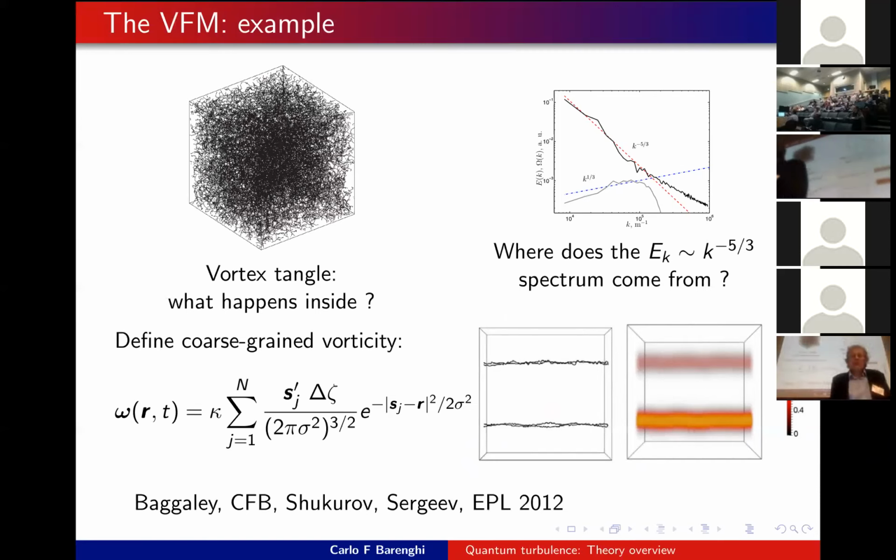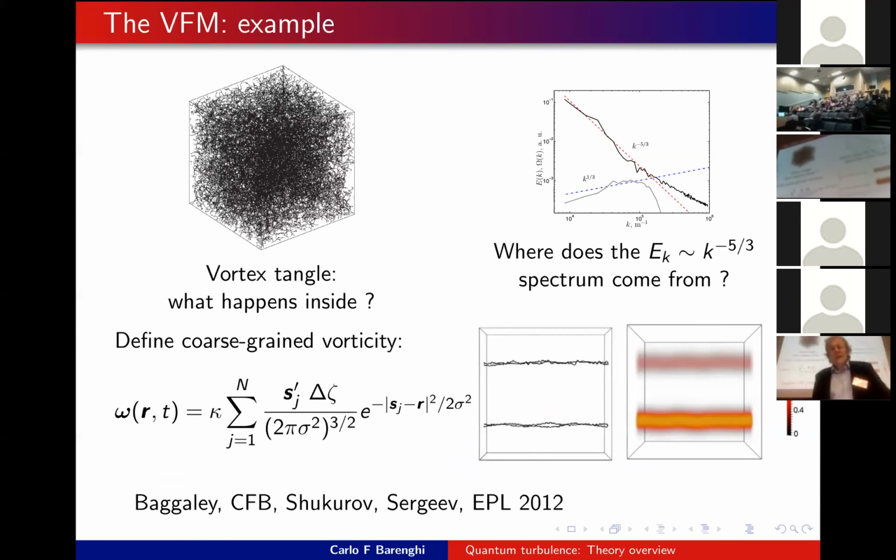So at this point, it is useful to try to define a quantity which is the vorticity. Now, the vorticity will be the curl of the velocity field in classical fluid mechanics. In our problem, it seems like a pointless quantity because the velocity is the gradient of a phase, the phase of the wave function, so the curl is equal to 0. So with vorticity, we don't actually mean the classical vorticity. We simply mean a way of describing the fact that we have vortex lines with circulation.